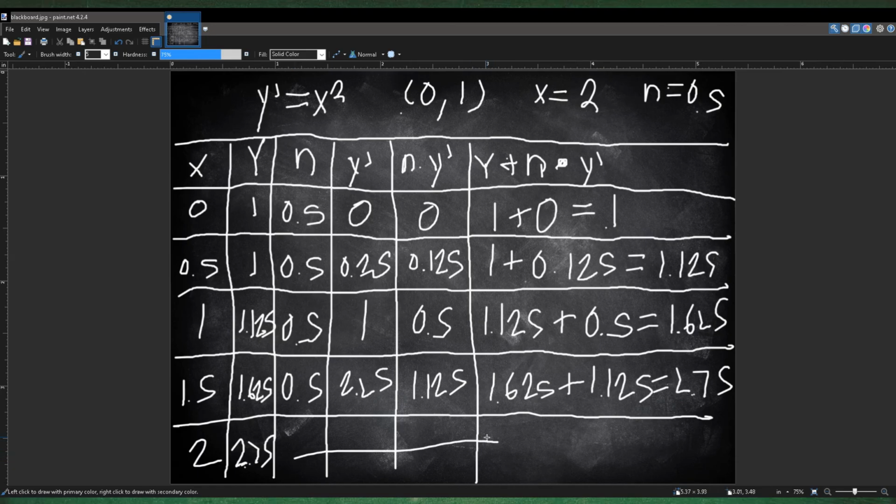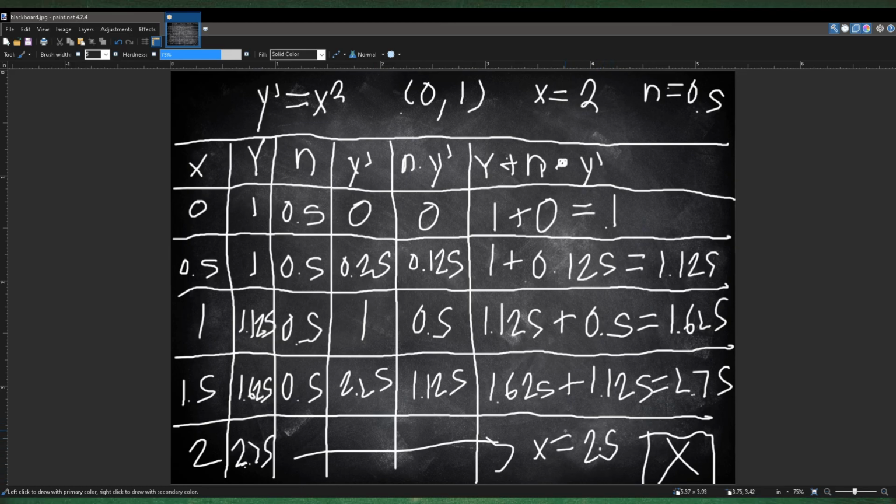Well, don't we have to find the y plus n times the derivative of y, a new number here? Basically, no. This new number tells us the y value for the next x value. It would find out when x is equal to 2.5, not when x is equal to 2.